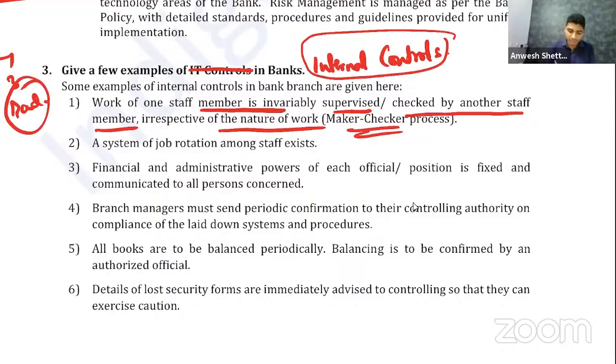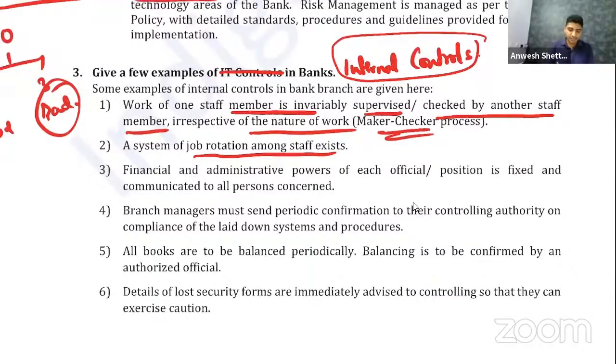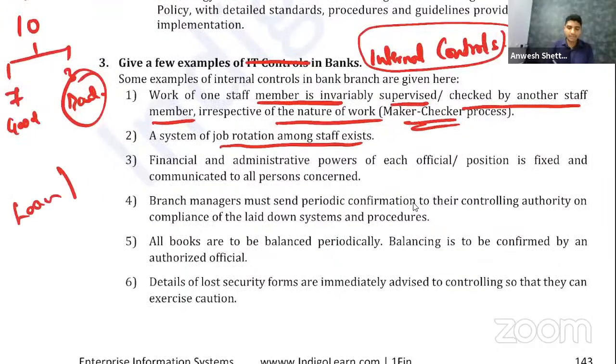Next internal control is a system of job rotation among staffs exists. So job rotation means, let us say in a bank, there is different departments. Let us say one department for the loan and another department is for deposits. So what is the function of the loan employee?